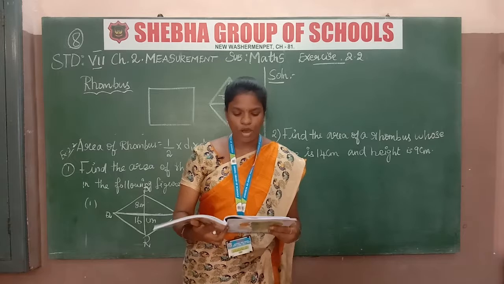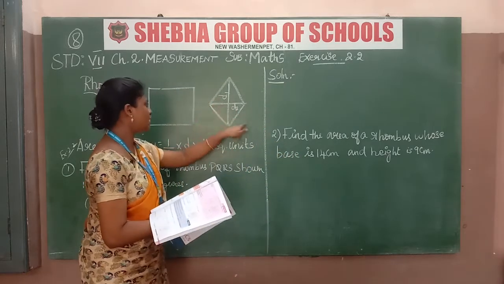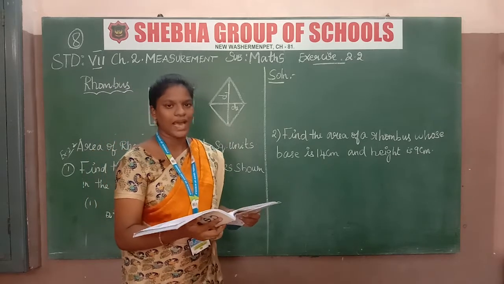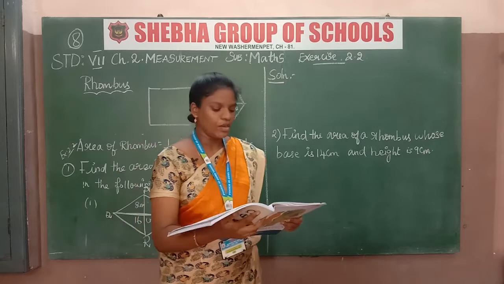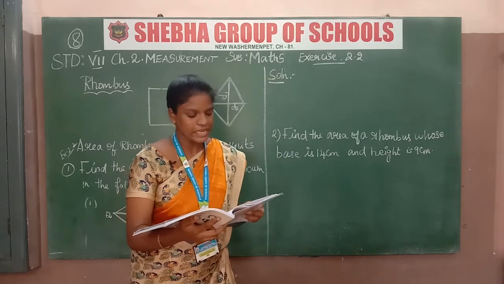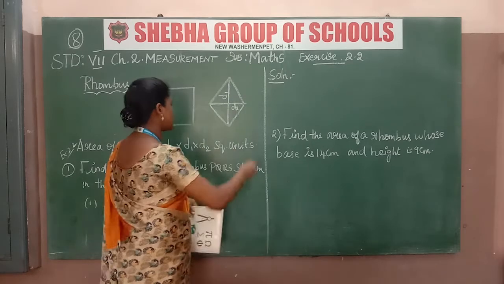And then a small introduction of the rhombus. In a rhombus all sides are equal. Opposite sides are parallel. Parallel means the same, I have told you, right? Diagonals divide the rhombus into four right angle triangles of equal area. So this is a rhombus.